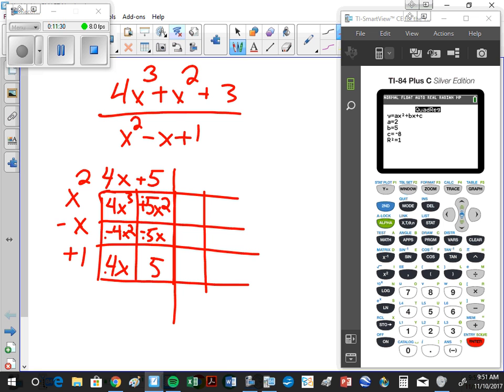This plus this needs to add up to be 0 plus 1x. And this one and this one need to add up to be 3, so I need to subtract 2. So I get 4x plus 5 plus x minus 2 over x squared minus x plus 1.